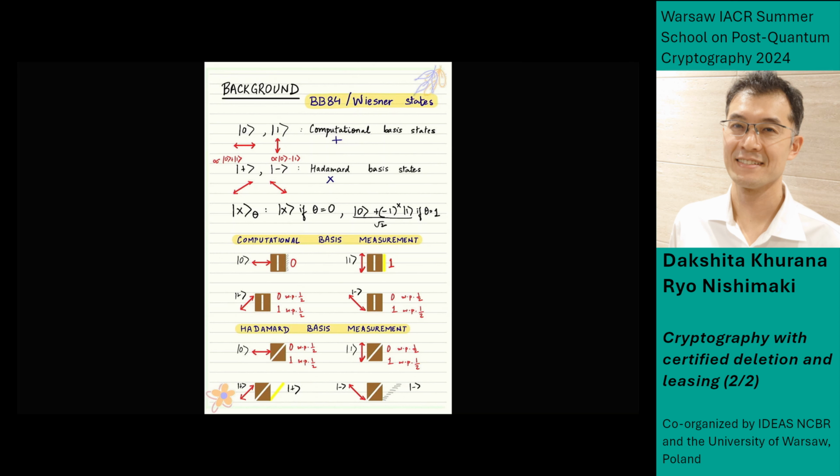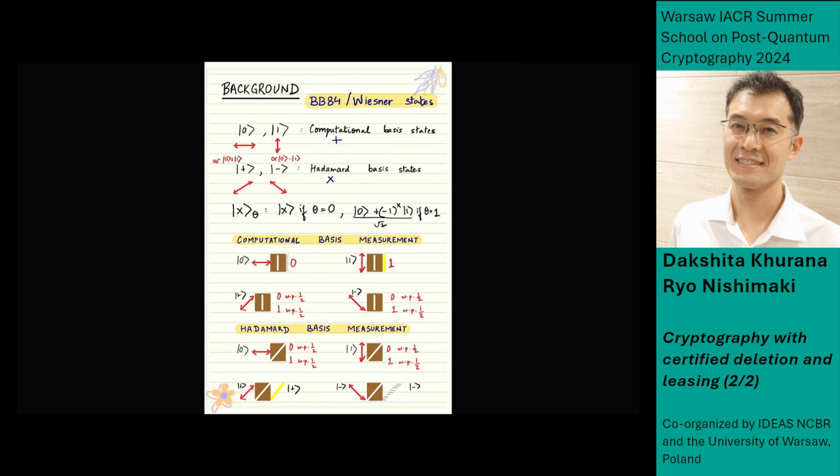We use the computational basis and the Hadamard basis, and here I explain the notation: ket x sub theta. x is a bit string, like 0, 0, 1, 0, 1, 0, 0, and we consider n qubits. Theta is called the basis choice. If theta is equal to 0, we choose the computational basis, which means that we encode the bit x into qubit 0 or 1.